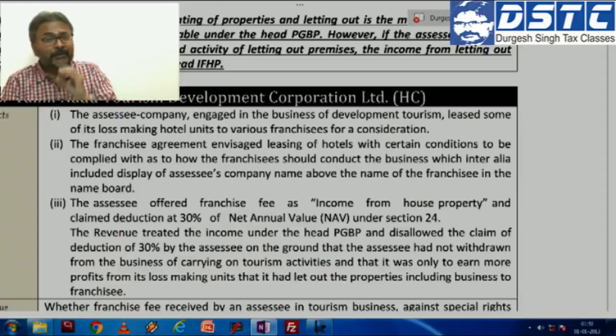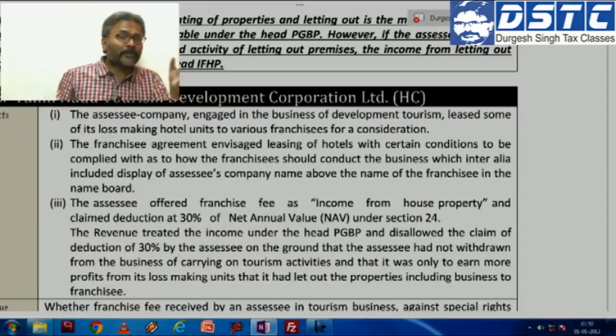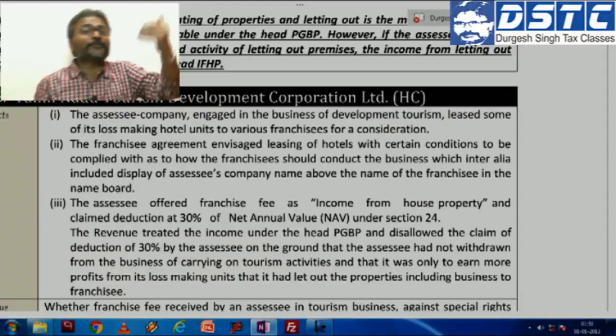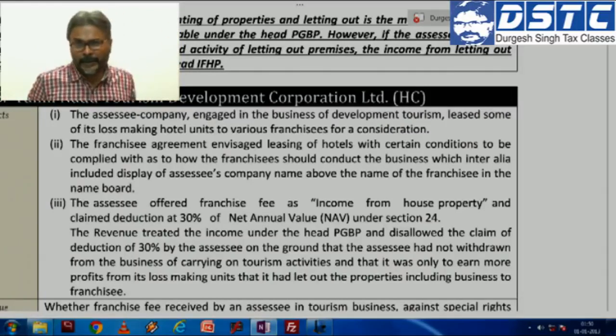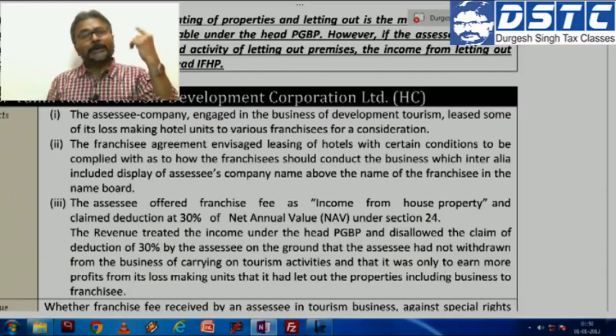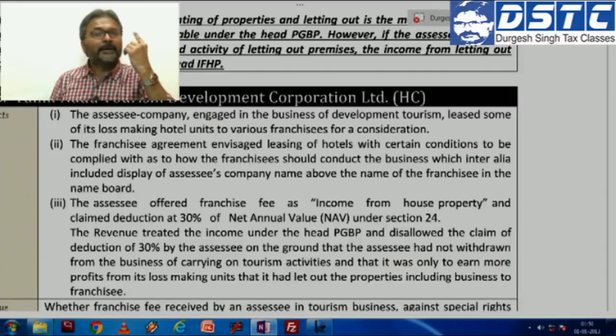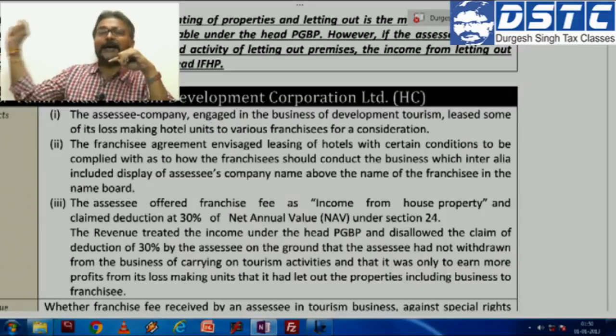So the minimum standard of quality and performance was also put forth in that particular agreement. Now, the agreement required the franchisee to give to the TTDC a fixed monthly amount.